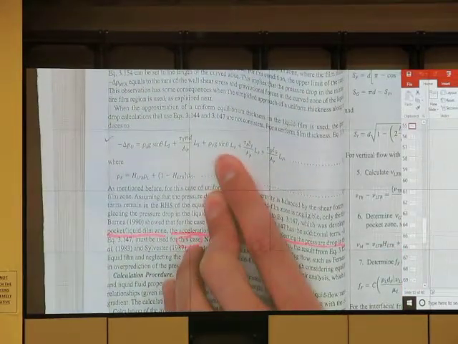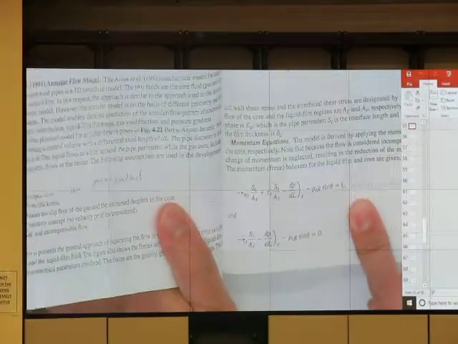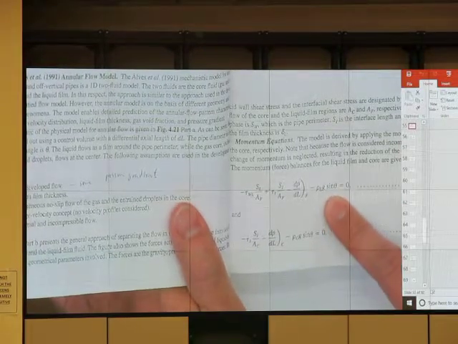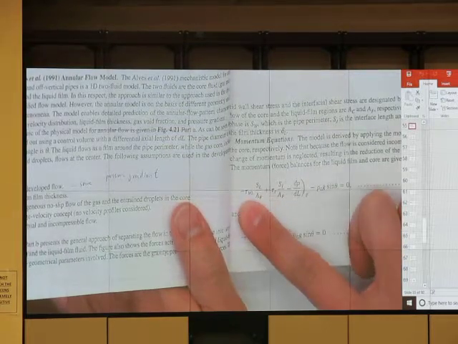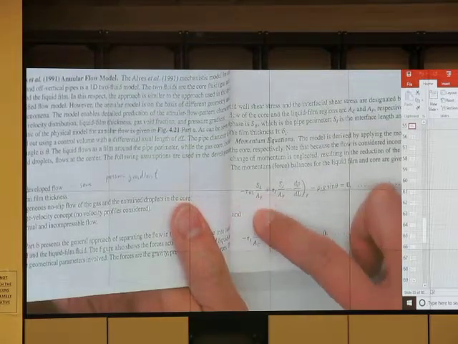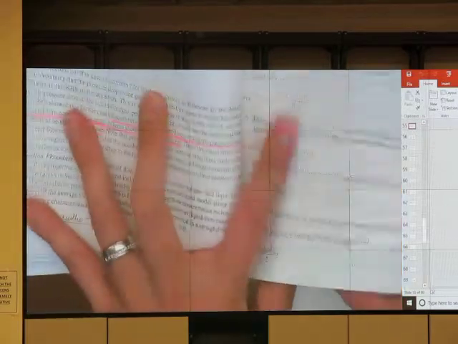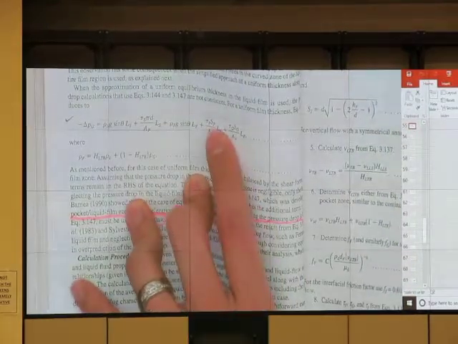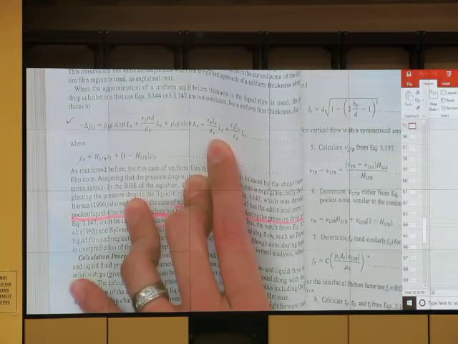Rho g sine theta. What else? This is based on the liquid part, the frictional pressure loss in the liquid part. I have tau L SL over AF. Do I have that over there? Tau L SL over AL. I have a pipe, right?